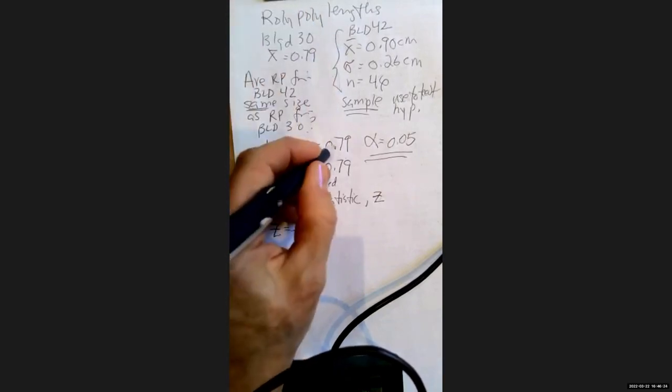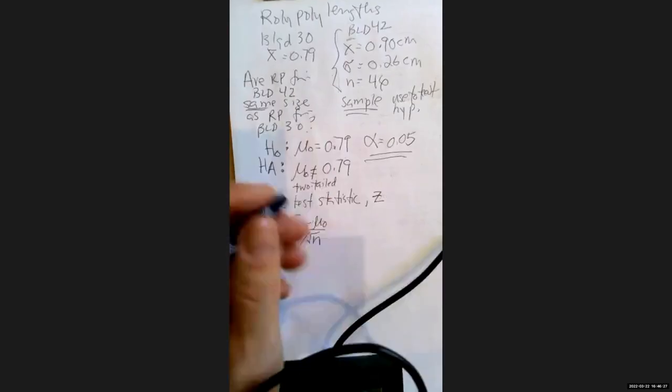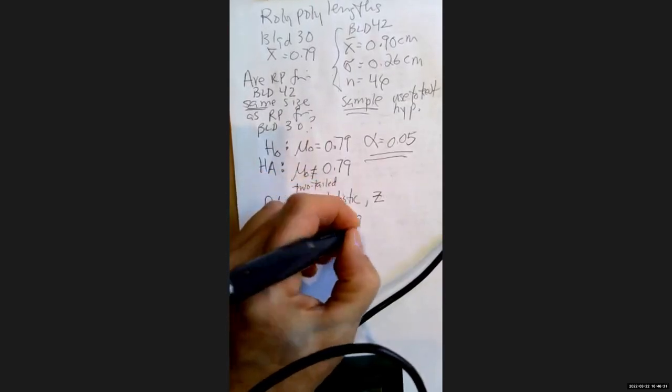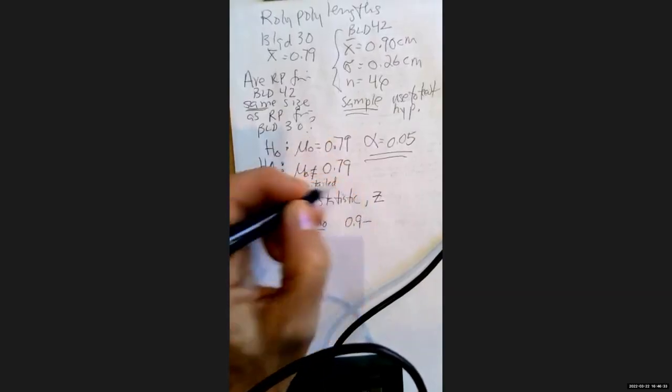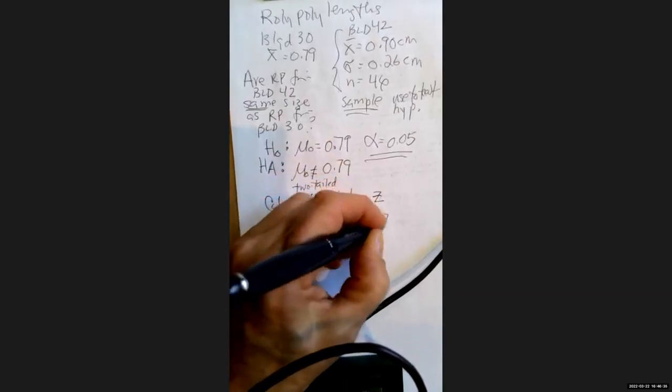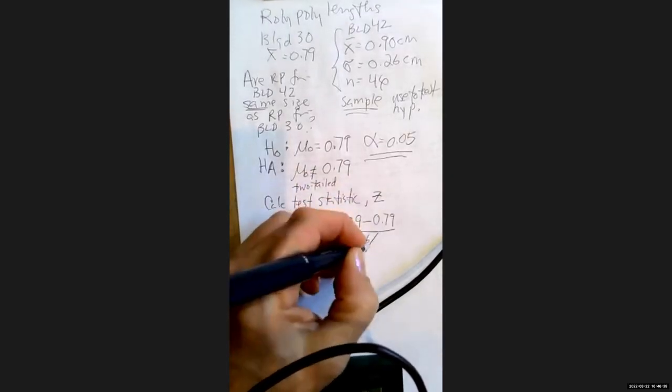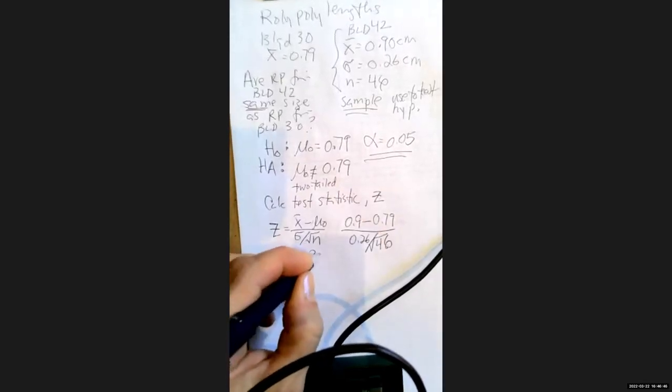My mu 0 is in my hypothesis. We have our x bar is 0.9 minus our mu 0, divided by sigma 0.26 over root n, and that equals 2.87.